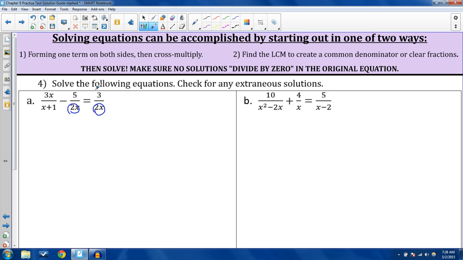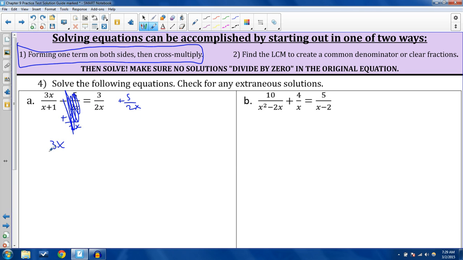What I could have done was added 5 over 2x on both sides, and this technically takes care of what number 1 would accomplish. If you find a common denominator on one side and find a common denominator on the other side, it doesn't have to be the same thing, but if you find that common denominator, then you can make it into just one fraction on both sides, which can allow you to do cross multiplication.